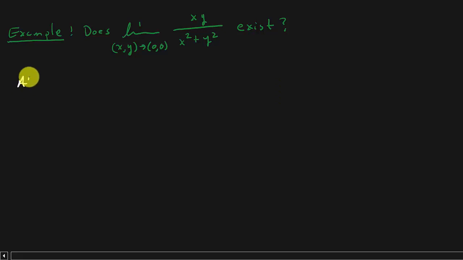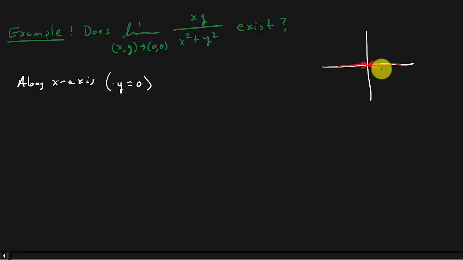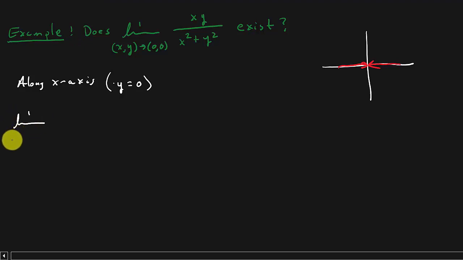All right, so let's come along the x-axis. If we come along the x-axis, that means y is equal to 0. I don't know if you need me to keep drawing this, but I guess I'll draw it on this one. Okay, we're coming along the x-axis, and so y equals 0. All right, so we get the limit as (x, y) approaches (0, 0) of, what is that? x times 0.